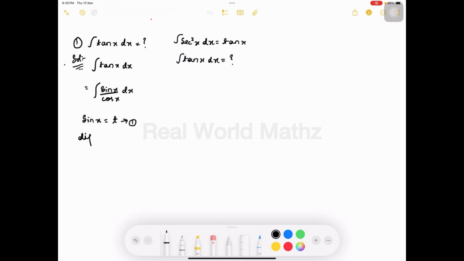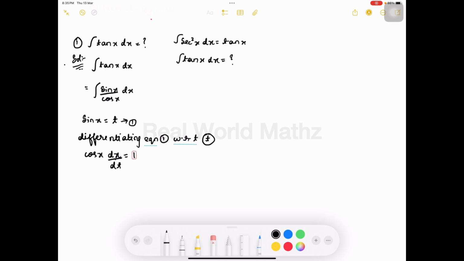Now I'll be differentiating equation 1 with respect to t, which means on differentiating sin x we get cos x dx by dt equal to dt by dt, that is 1.